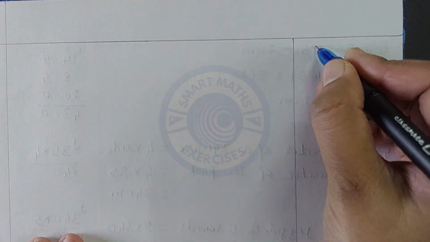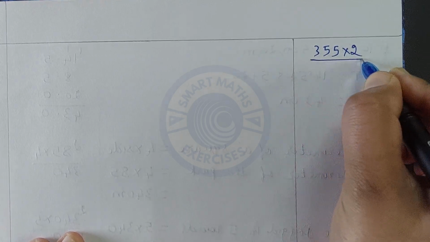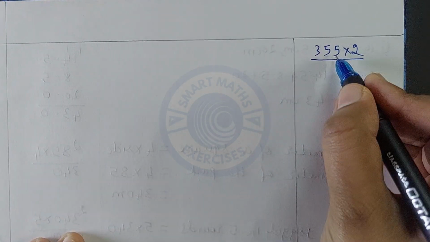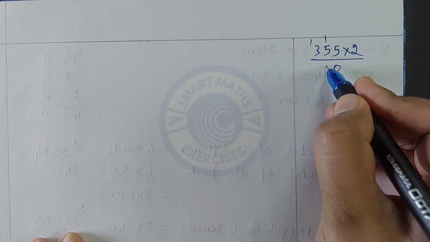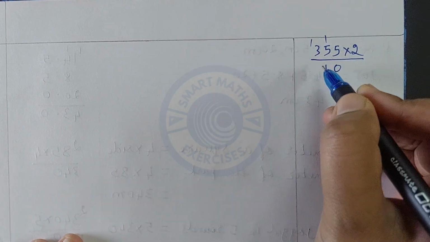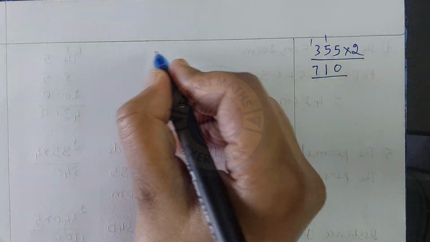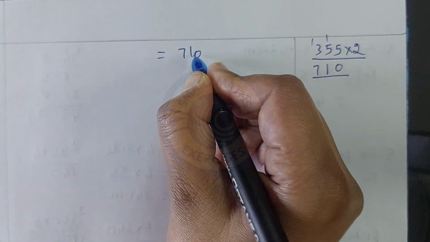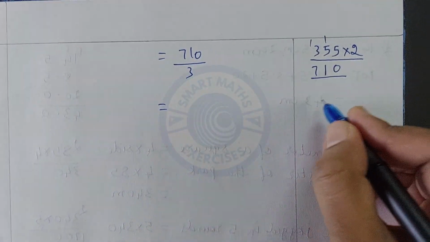So multiply 355 into 2. 2 5s are 10. 2 5s are 10 plus 1 11. 2 3s are 6 plus 1 7. 710. 710 by 3.